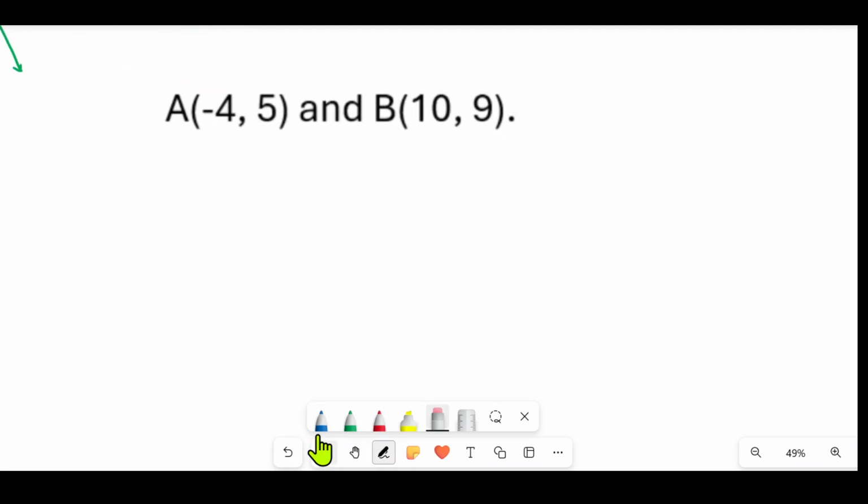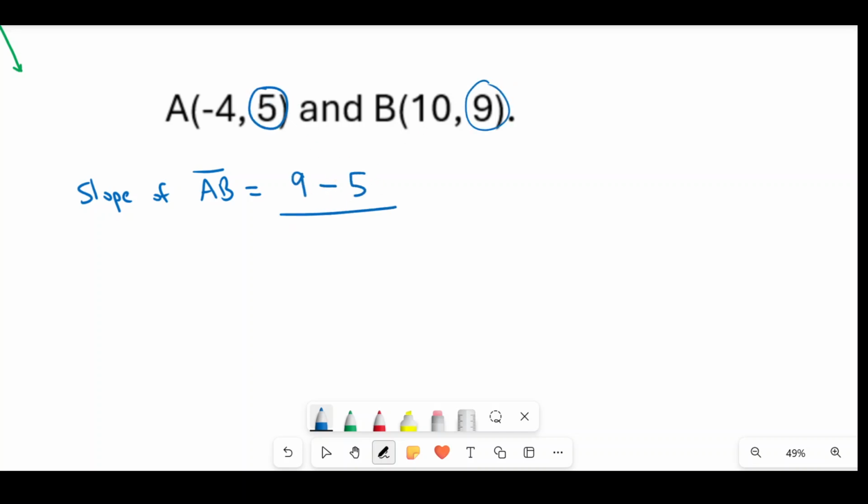So slope of AB is, slope is y2 minus y1 over x2 minus x1. And of course that definitely needs a bracket because we're minusing a negative. So in the numerator, on top, I have 9 minus 5, which is 4.